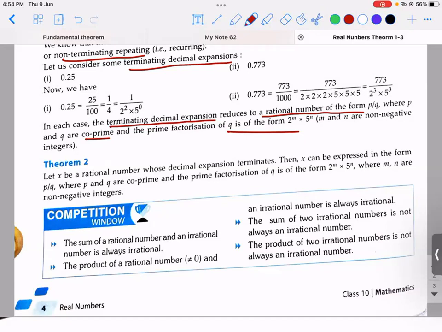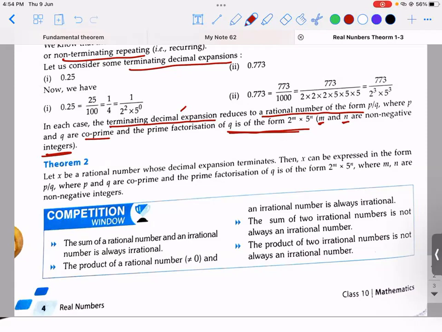Is that clear? So how should the form look like? In each case of the terminating decimal expansion, when you reduce it to the form P by Q, where Q is not equal to 0, the prime factorization of Q is of the form 2 power m into 5 power n, where m and n are non-negative integers. What do you mean by non-negative integers?